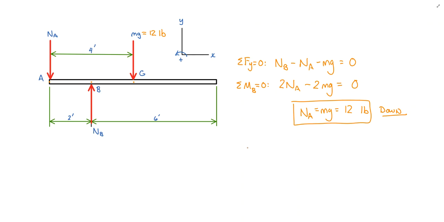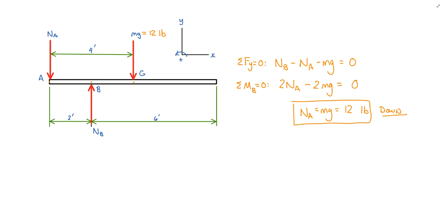If we had assumed that the normal at A was upward, what we would have found is that we would have gotten a negative sign, algebraic sign, on this number. And the negative sign would mean that our direction was incorrect, and the force was actually directed in the opposite of what we selected. It's not a big deal, though. A person just needs to remember that mechanics is a wonderful subject, and that it will let you do that.